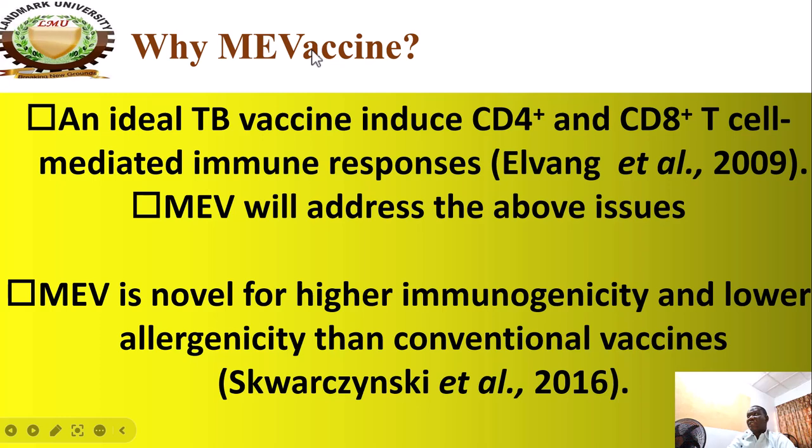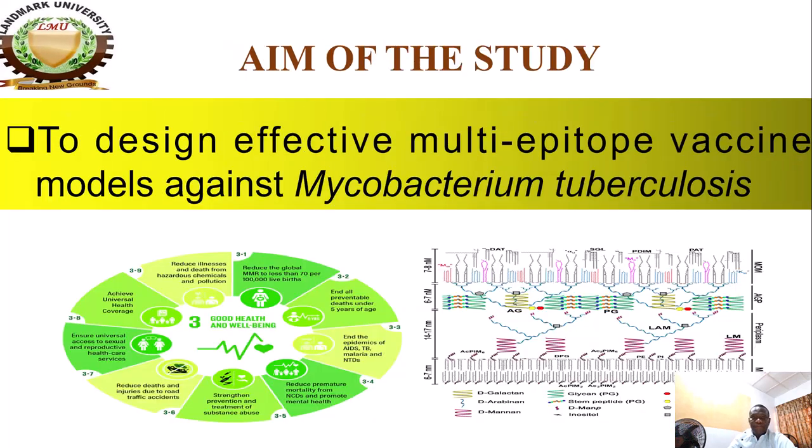Why are we interested in multi-epitope vaccine? Just like I said, an ideal vaccine should be able to induce both CD4 and CD8 responses. And a multi-epitope vaccine is going to address these issues, compared to the traditional vaccine, which has very low antigenicity.